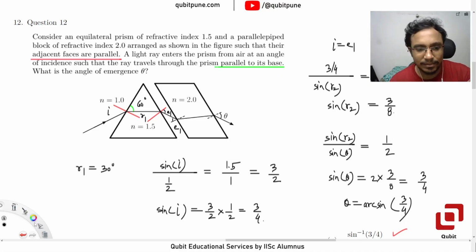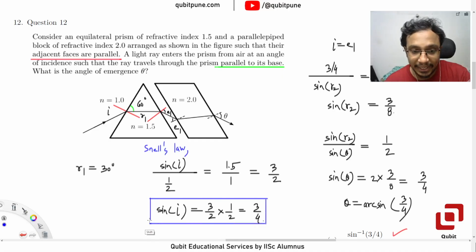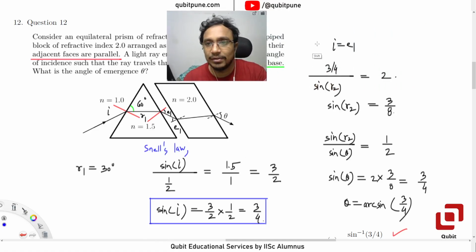And then use Snell's law. Simple. Sin i by sin r is n. That gives me sine of the angle of incidence to be 3 by 4. And by symmetry, I can say that the emergence angle E1 will also be the same.